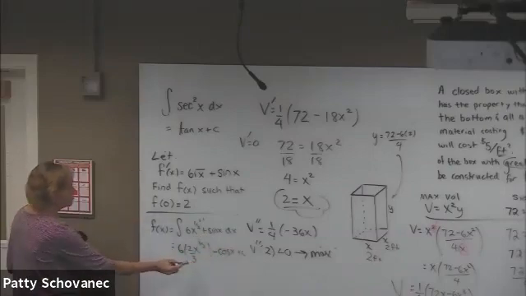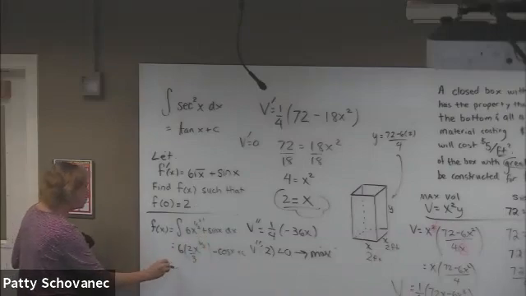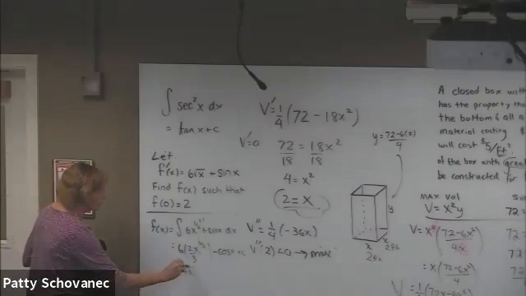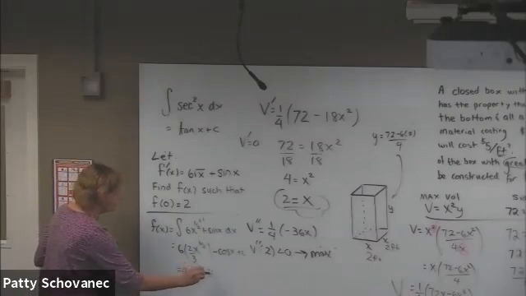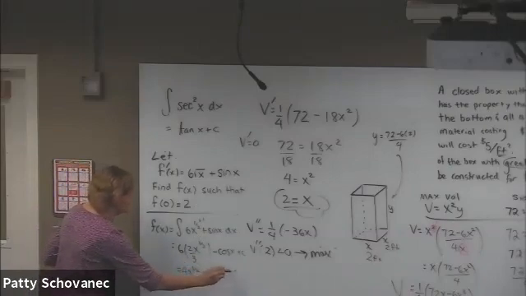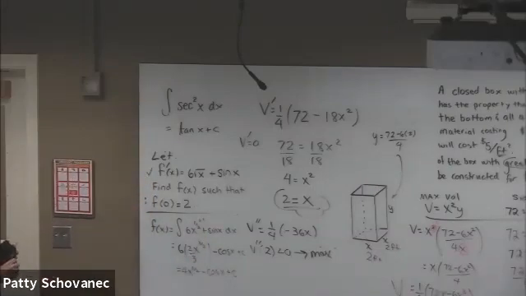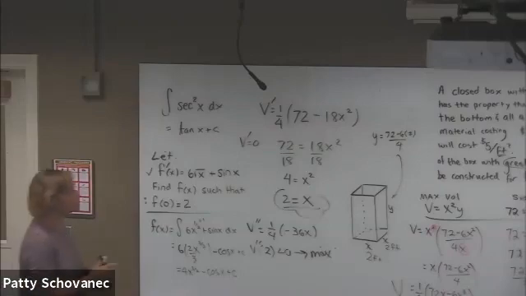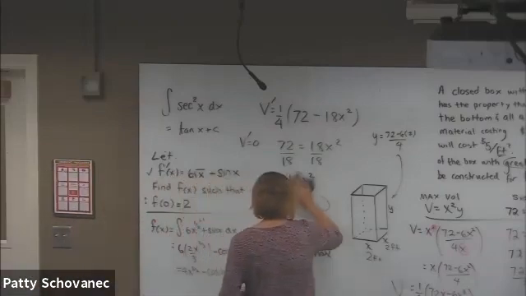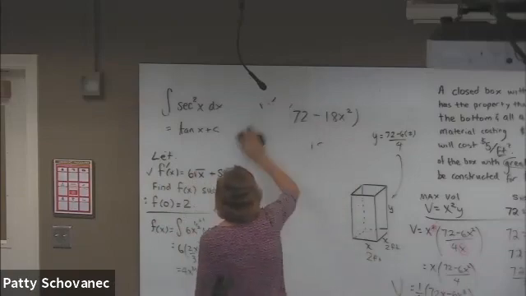This will simplify. 3 goes in 6 twice. 2 times 2 is 4, so we get 4x to the 3/2 minus the cosine of x plus c. So we got the right derivative. Now we've got to impose this condition on it. When x is 0, f of 0 is 2. We use that to find a particular value of c.